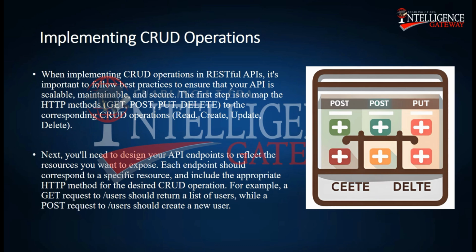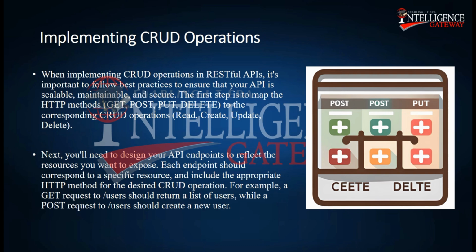Implementing CRUD operations. When implementing CRUD operations in RESTful APIs, it's important to follow best practices to ensure that your API is scalable, maintainable, and secure. The first step is to map the HTTP methods GET, POST, PUT, DELETE to the corresponding CRUD operations: read, create, update, delete.